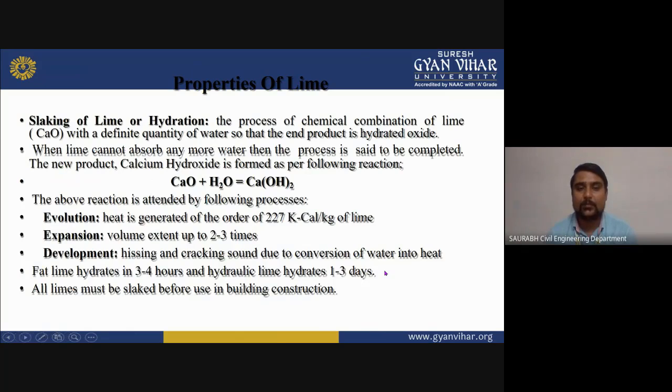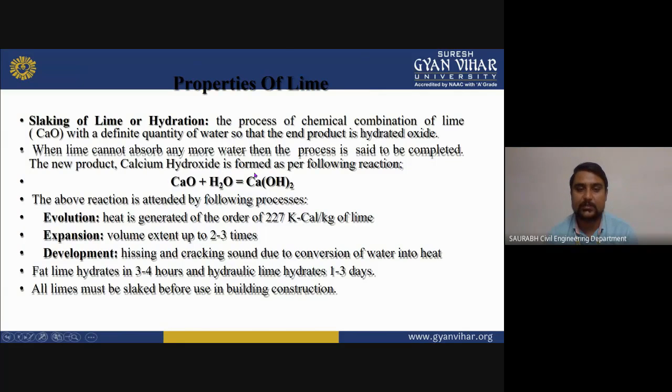Slaking of lime or hydration is the process of chemical combination of lime with a defined quantity of water so that the end product is hydrated oxide. The above reaction is attained by the following process.